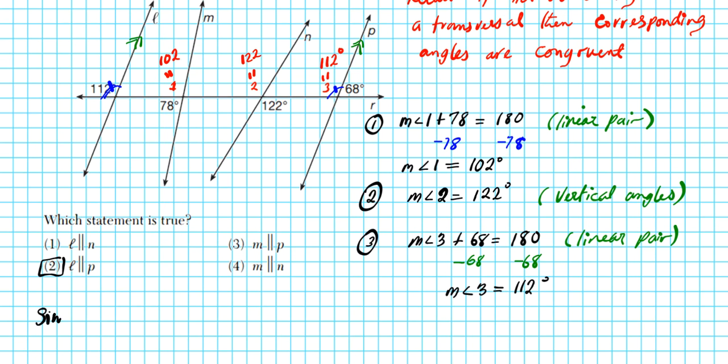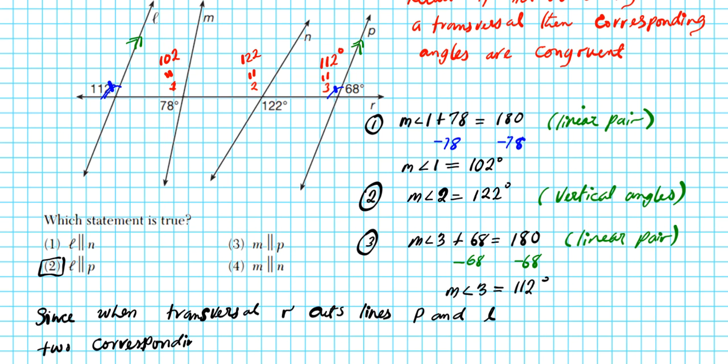So since transversal R cuts lines P and L, and corresponding angles that are congruent were formed, what does that tell us?